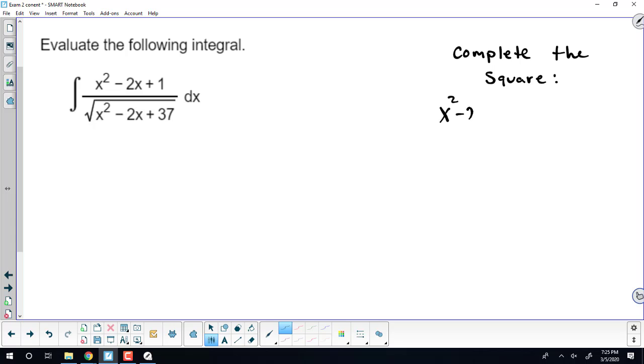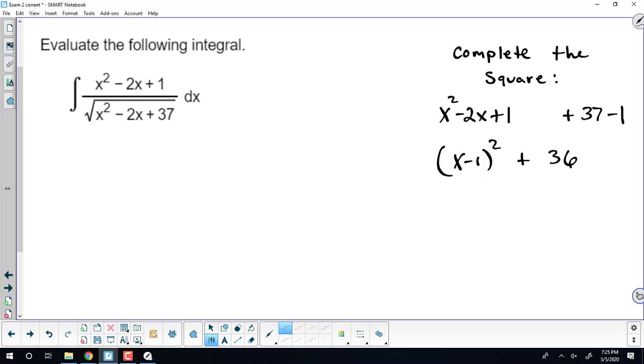Complete the square on x squared minus 2x plus 37. So we scoot that over. We take half of -2 and square that. We add that to the x's and subtract it over here. Okay, so now we have the sum of squares, but it's under the radical.